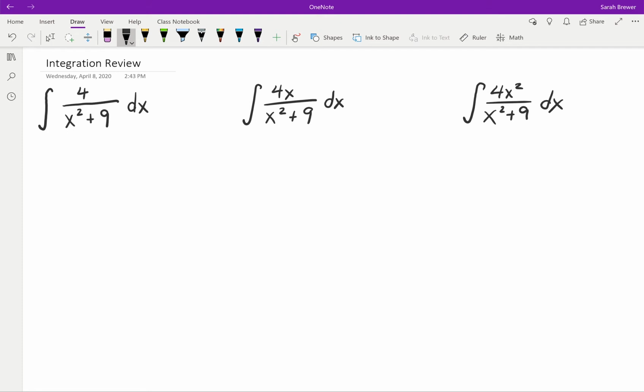Maybe you had a little bit of trouble with the third one, but let's take a look at each of these individually. So this first one is just a pretty straightforward inverse tangent integral where our u is x and our a is 3.